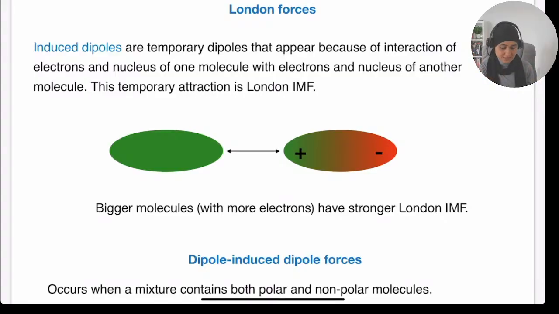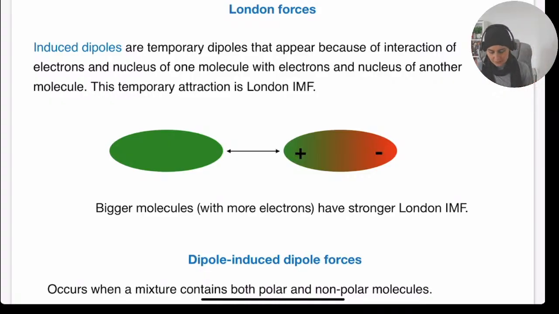And then once this dipole is formed, it can induce a dipole on another molecule, on a neighboring molecule, because there are molecules all over, right? So if you form a dipole, then imagine another molecule comes, and then the negative part of the molecule would repel the electron shell of that other molecule, so it would form an induced dipole. And if you have billions of molecules in a jar and those dipoles popping up here and there, well, the attraction between those dipoles is London forces.